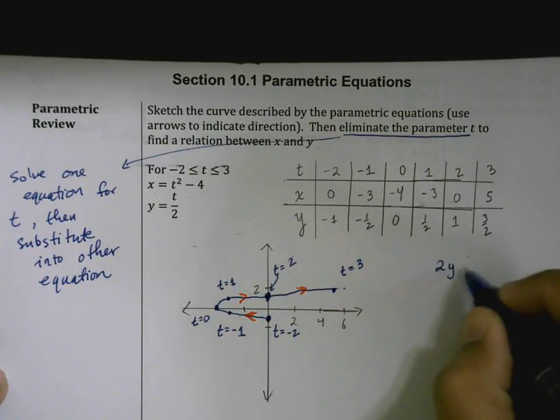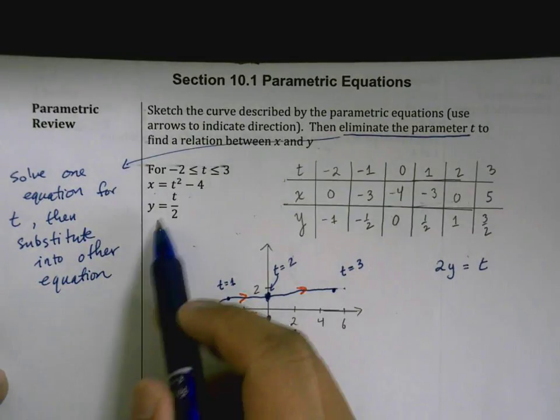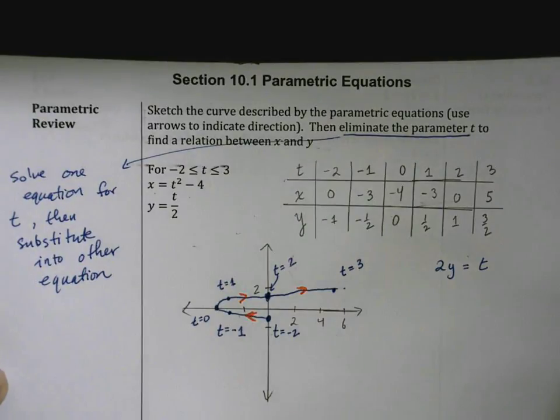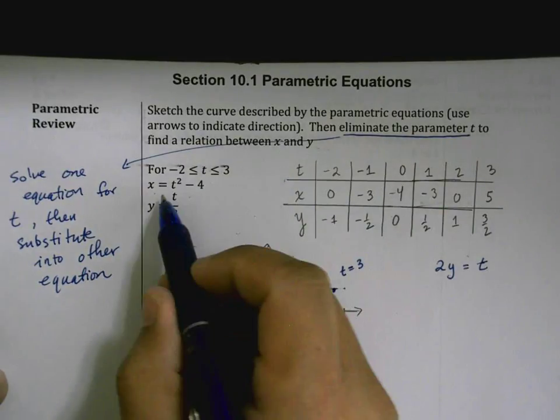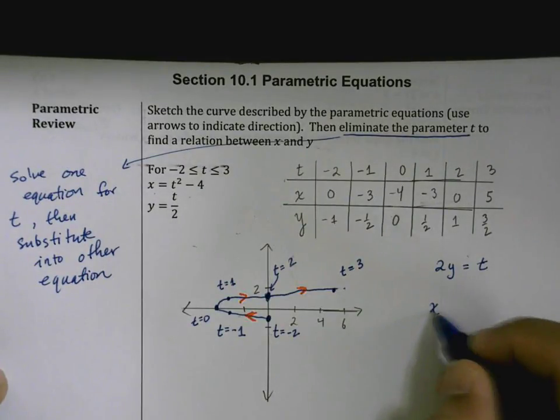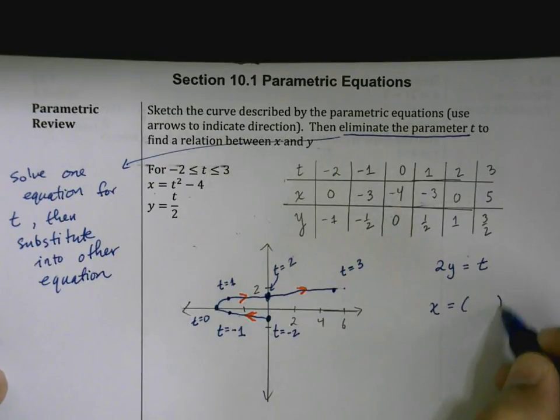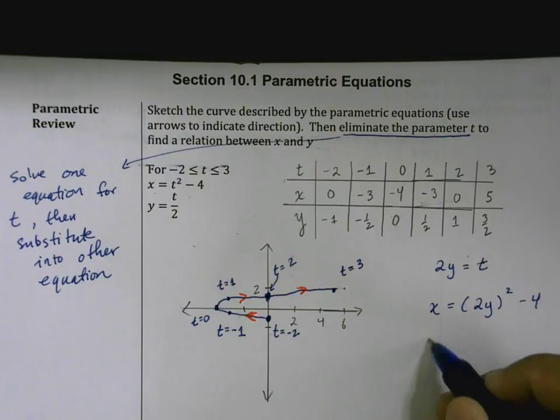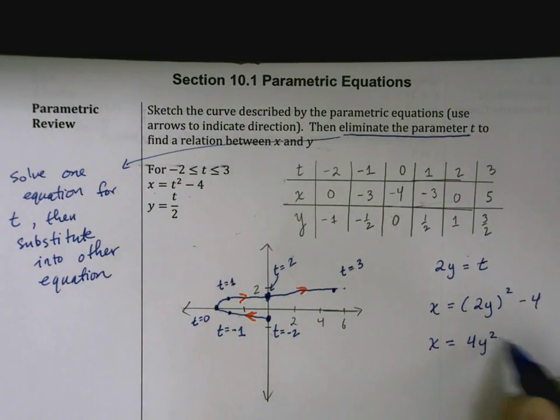So 2y is equal to t, using this equation here. And then I can take this and substitute it in for the x. X is equal to t squared minus 4. But we know that t is equal to 2y. So then once we expand this, we can say that our x is equal to 4y squared minus 4.